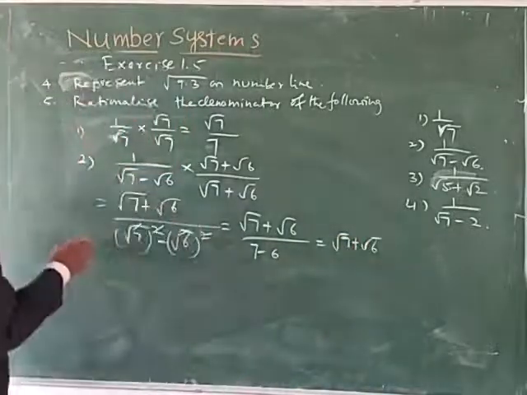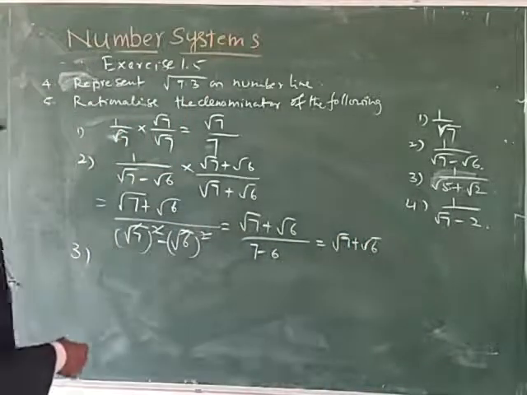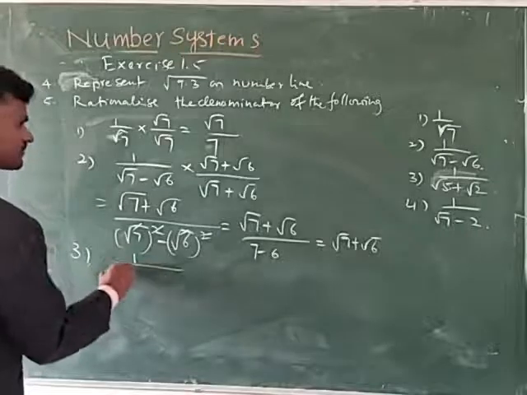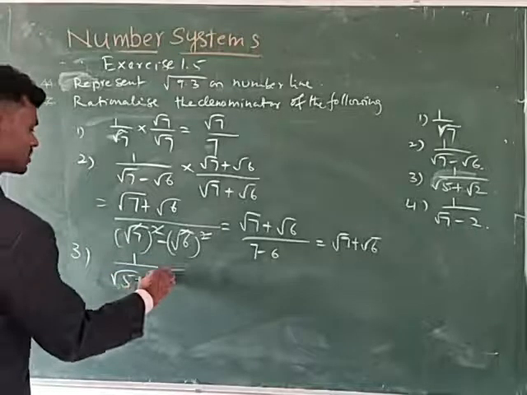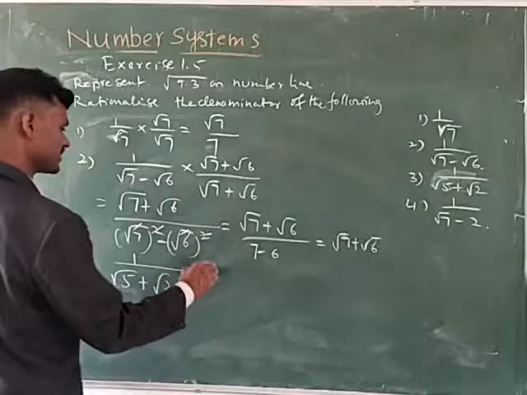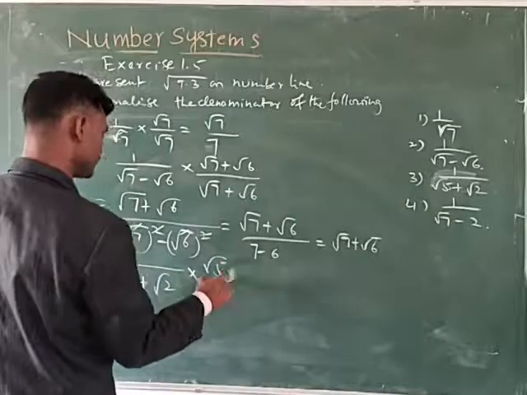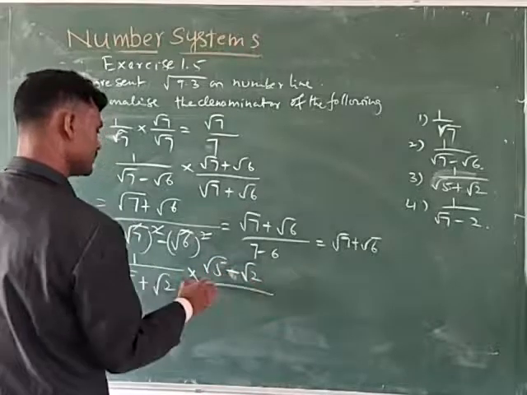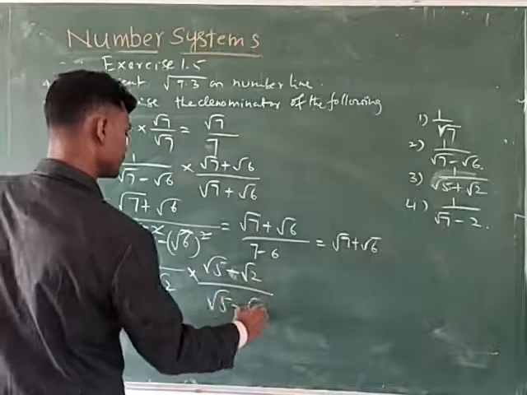Then root 7 plus root 6 by 1 means root 7 plus root 6, no problem. Next, third one, 1 by (under root 5 plus under root 2). Here the rationalizing factor is, instead of plus, minus. Here under root 5 minus under root 2.